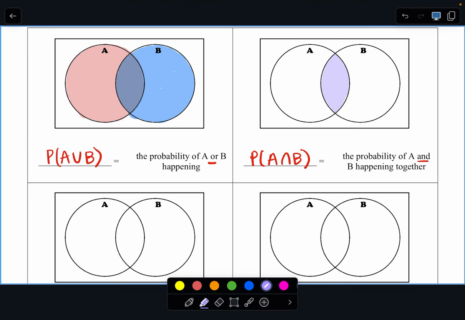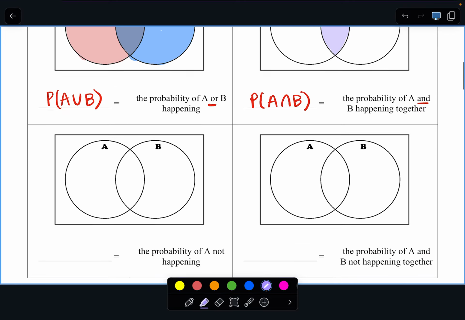These are the two most common probabilities that you'll be asked. Of course, the very basic and or. And then we get into some of the weirder ones where there's certain things they want to say no to, certain things they want to say yes to. But the next most popular one is going to be the one that symbolizes a complement.